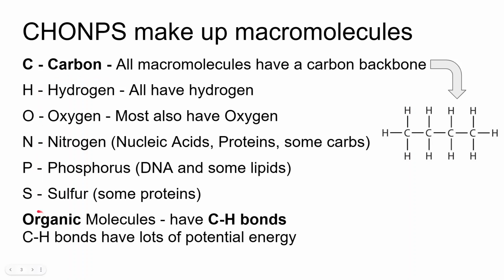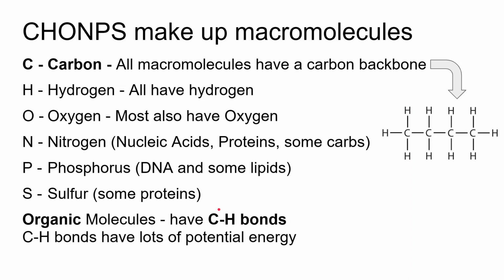All right, and actually, the way that we define organic molecules is not in how they were grown without pesticides or something like that, like we think about with the grocery store. Instead, an organic molecule is a molecule that has a CH bond. A CH bond is actually not a very strong bond, and because of this, it has a lot of potential energy.